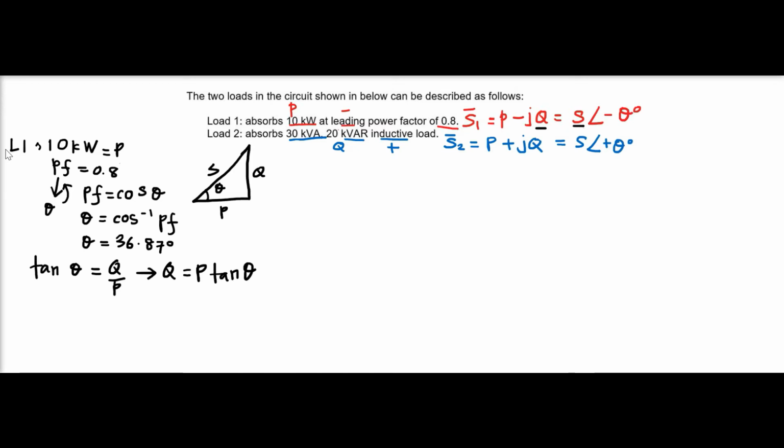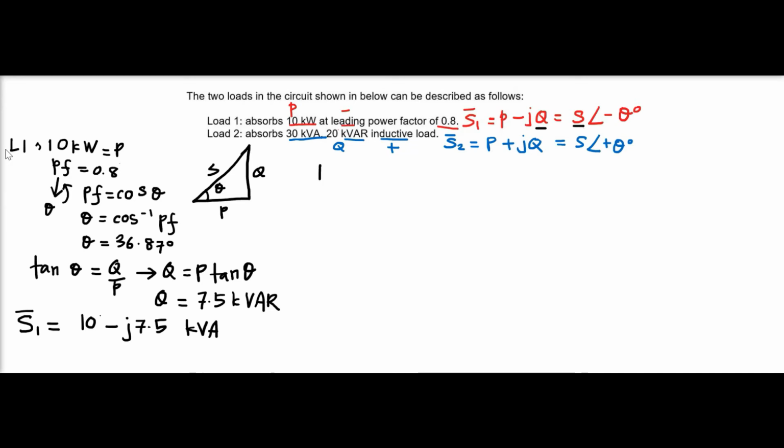Inserting P and theta, Q equals 7.5 kVAr. So the complex power for load 1 is P, 10k, minus, because of leading, jQ, 7.5k, and the unit is VA.